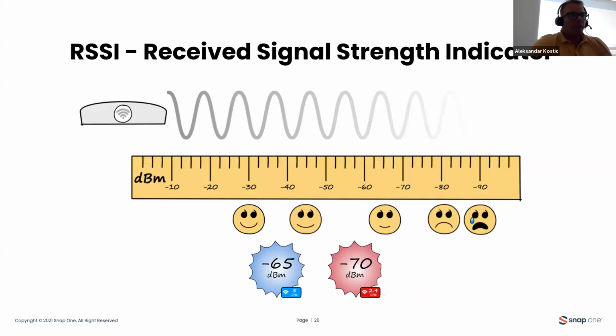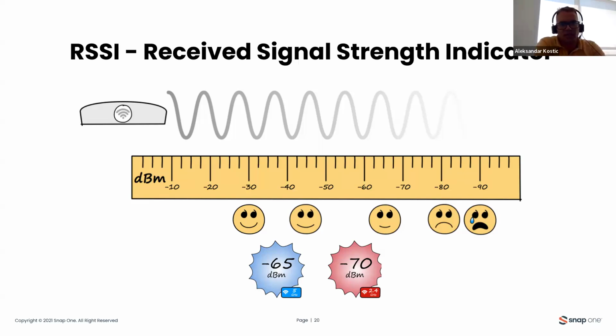Okay, so how do we measure whether signal strength is good enough or not with Wi-Fi? The parameter which we use to estimate the quality of the Wi-Fi signal is called RSSI, the Received Signal Strength Indicator, which in fact represents the ratio of the useful signal compared to the noise floor.